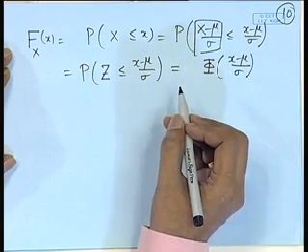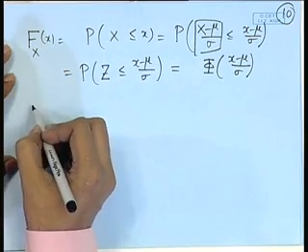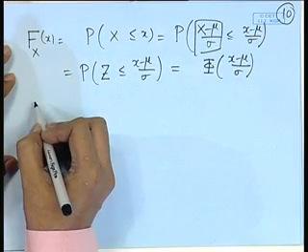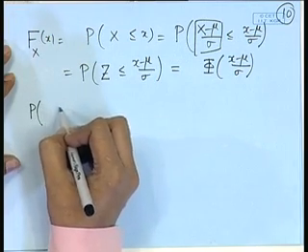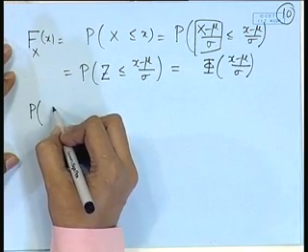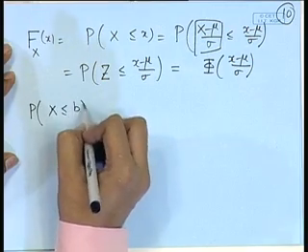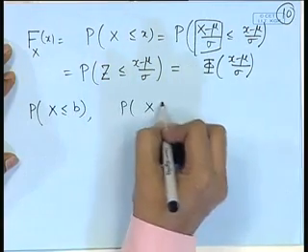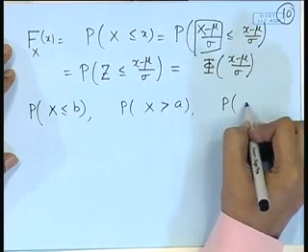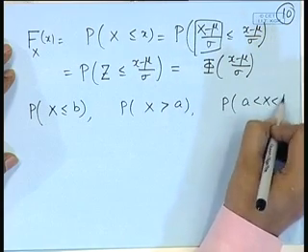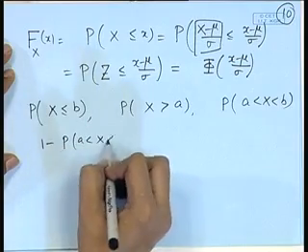In particular, if we consider any particular probability, say probability x less than or equal to b, probability x greater than a, probability a less than x less than b, or 1 minus probability of a less than x less than b.